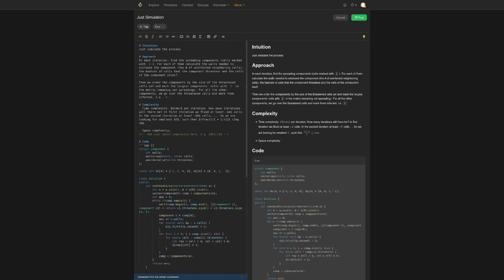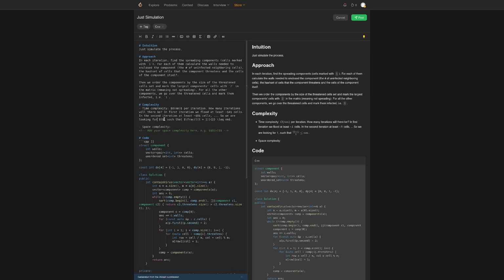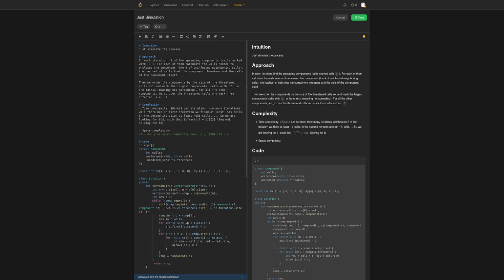So we are looking for the smallest t such that t times (t plus 1) divided by 2 is at least nm. So solving for t gives us roughly t equals square root of nm. Boom.